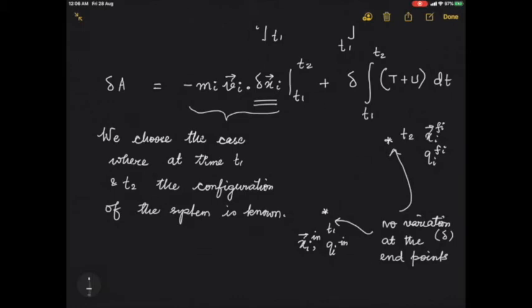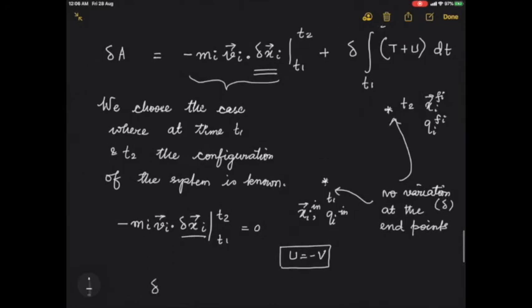So variation is what we call delta, right? So variation is the difference between different paths. At these two points, the paths are fixed. You know where the system is, so you cannot change at those two points. So which means this quantity evaluated at T2 and T1 is 0. And remember that we had U as minus V, U being the work function, V being the potential.